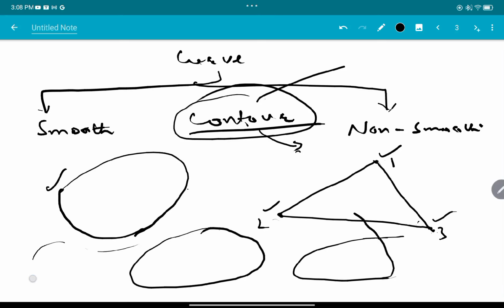If it does not intersect itself, it is called simple. These are simple curves, whereas this is not simple.